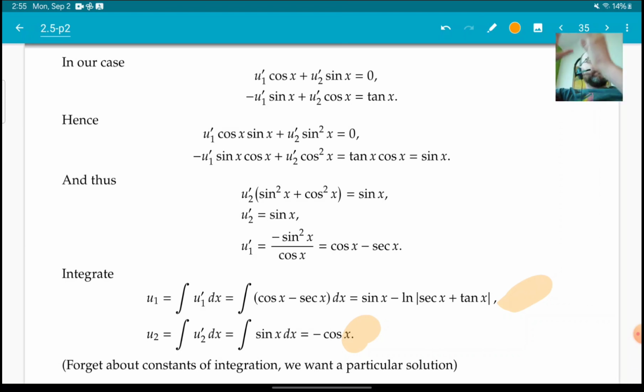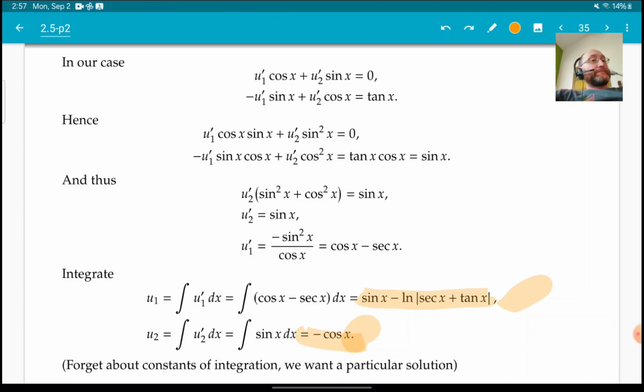But at this point, we're just looking for a particular solution, any particular solution. We're not worried about what initial conditions are satisfied. So we're just going to ignore the plus c's. So that's u1, that's u2.